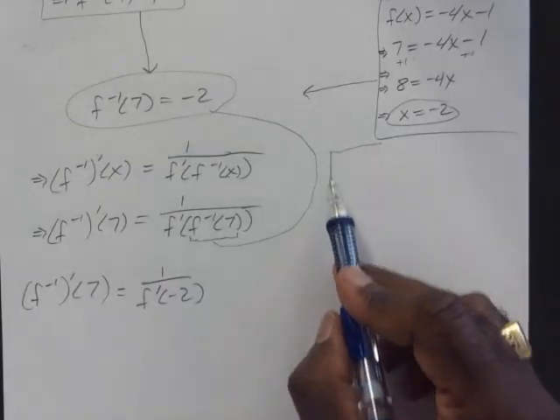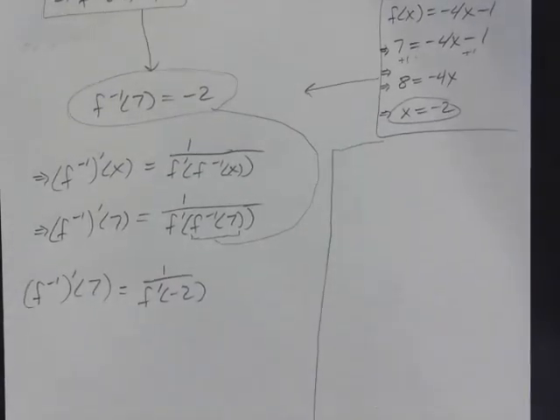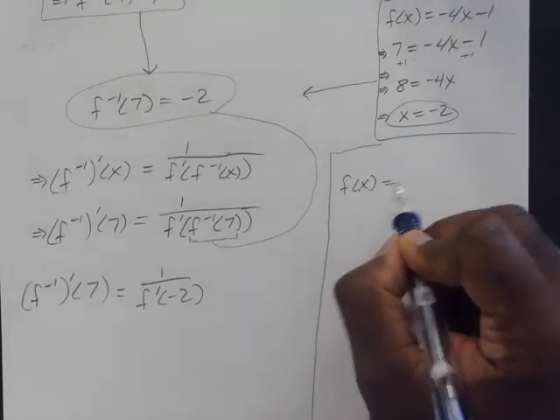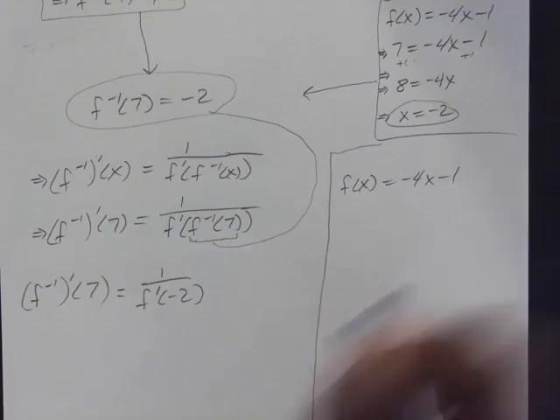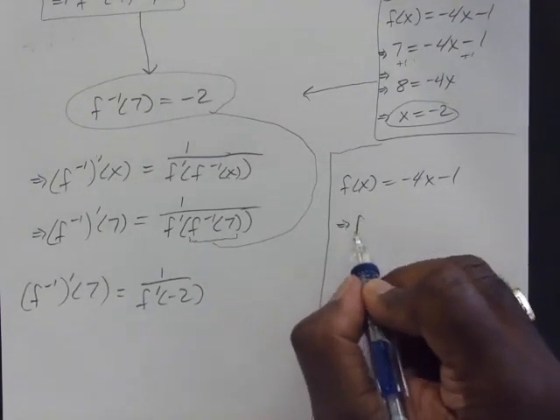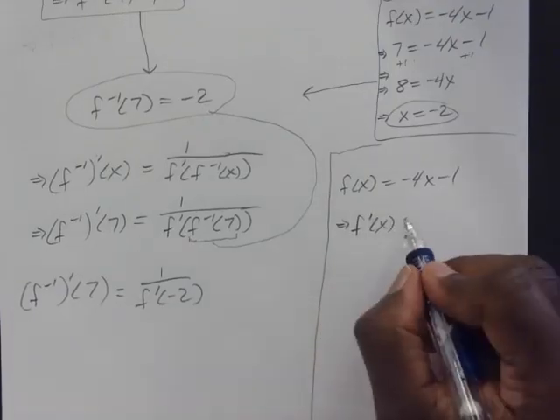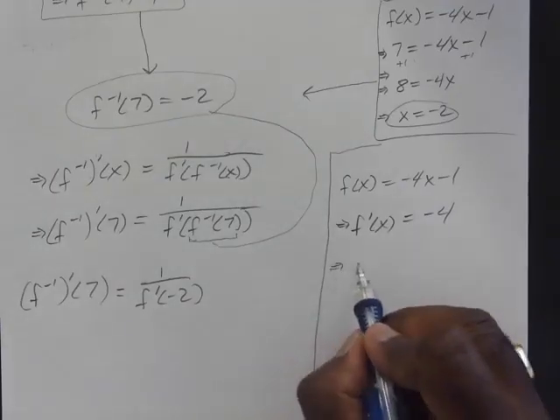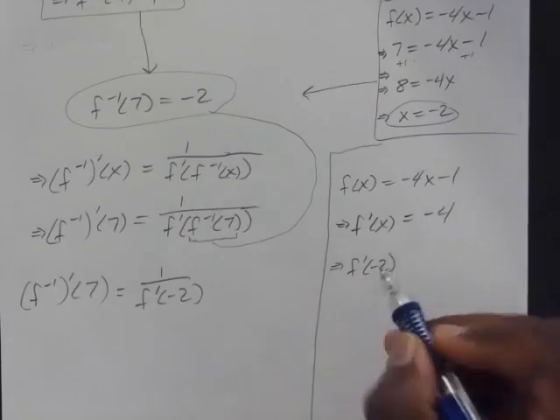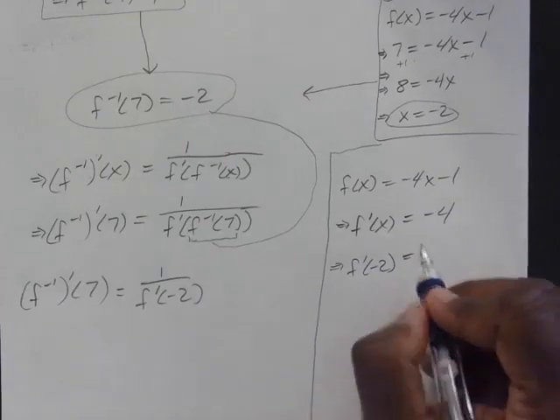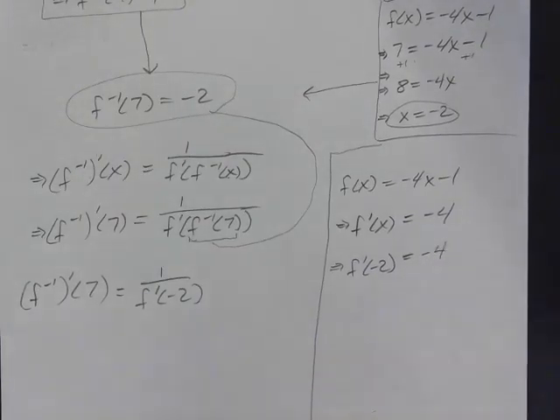And we'll do that right here on the side. So if f of x is equal to negative 4x minus 1, you know that f prime of x is equal to negative 4. So f prime of negative 2, since there's no x values to replace in the derivative, is still just negative 4.